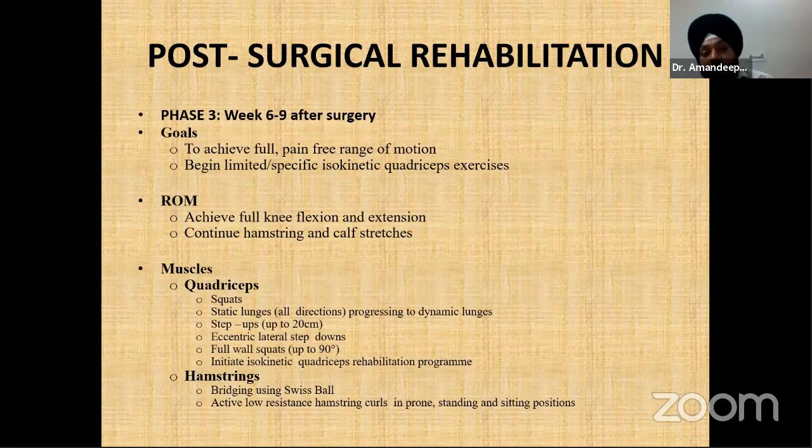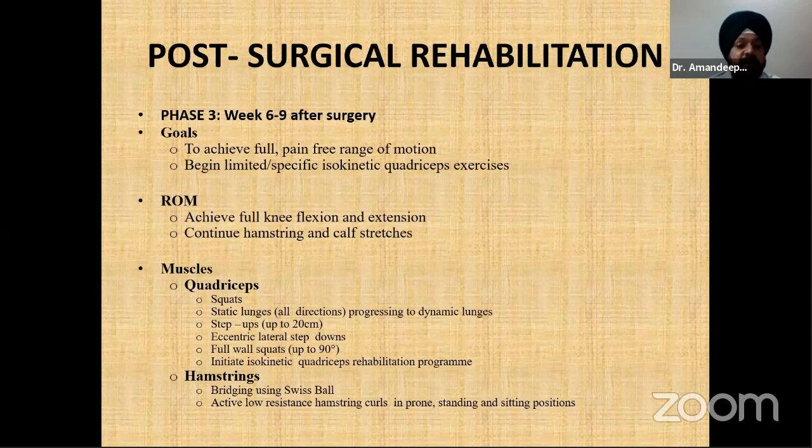Then in these phases we are going to progress to achieve full range of motion, and for more strengthening exercises we have to increase the intensity or the weight, so that proper strengthening could be done of these major muscle groups like the quadriceps and hamstrings. Range of motion: we achieve full knee flexion and extension, and continue hamstring and calf stretches.